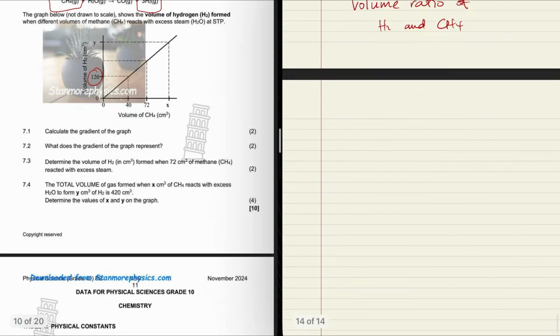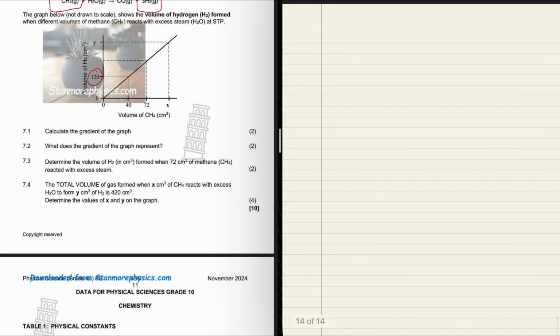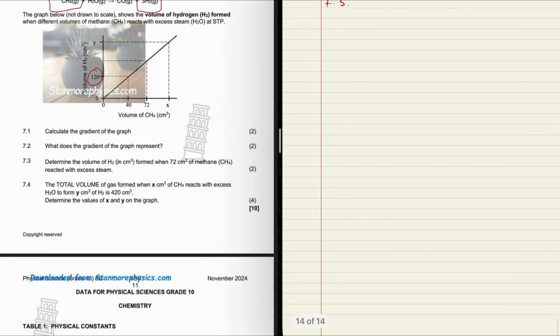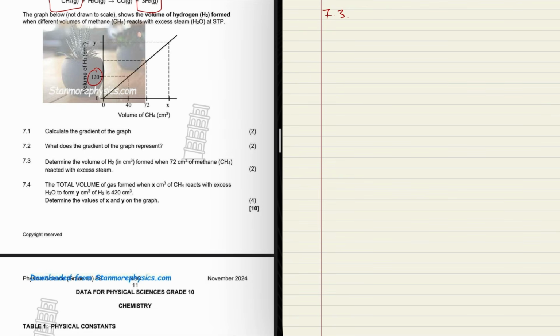Moving on here, question 7.3, determine the volume of H2 formed when 72 cm cubed of methane reacts with excess steam. So, I mean, here all we need to do is use the ratio. If this is 72 cm cubed, what is this going to be?